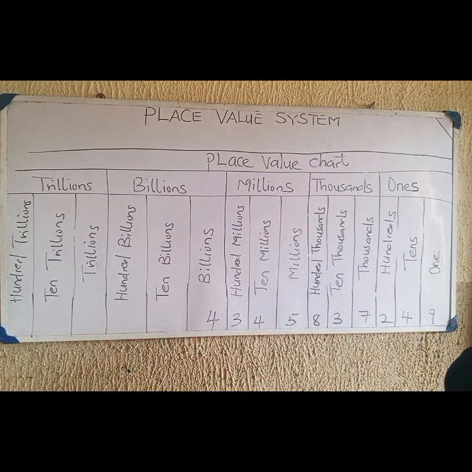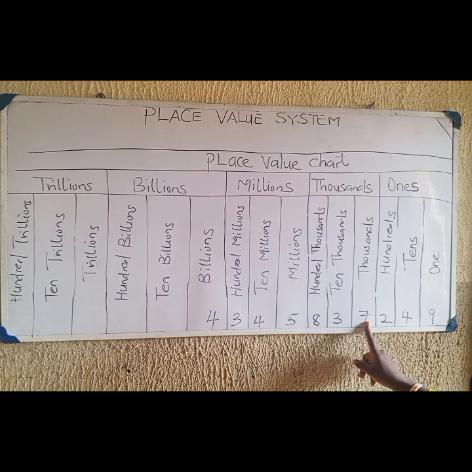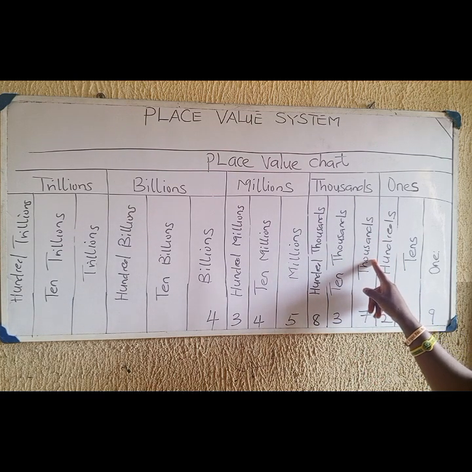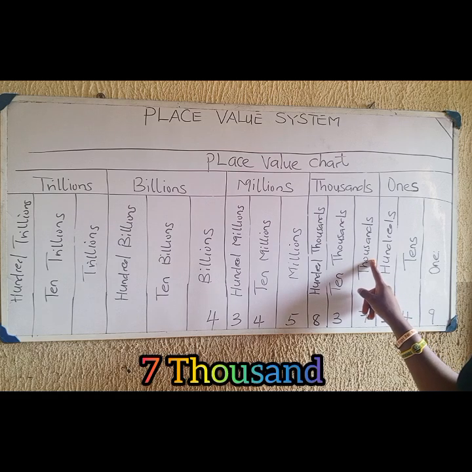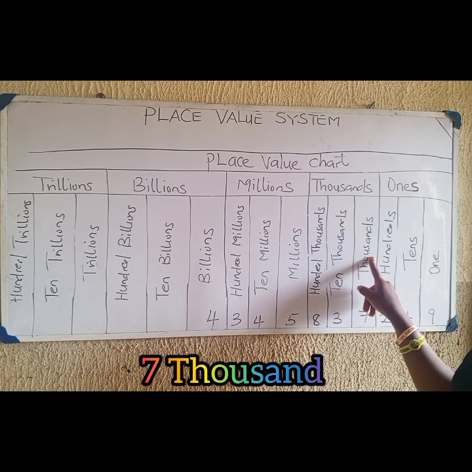If, for instance, you are asked to find the place value of 7 in this place, look at it. Look at where we have 7 here. And 7 is under the column of what? 1,000. And 1,000 is what? 1 with 3 zeros. So 7 times this 1,000 will give us what? 7,000.